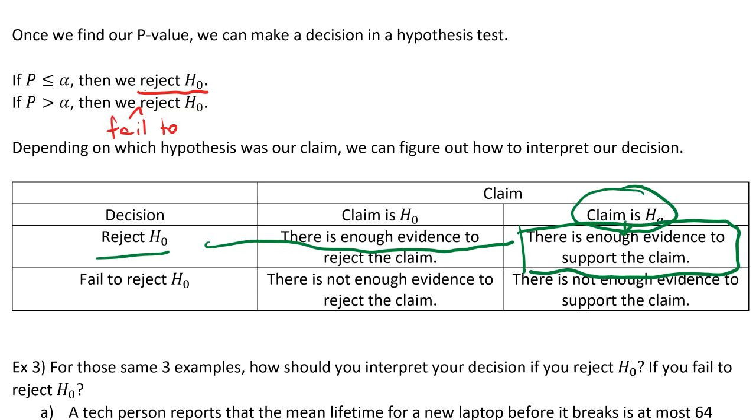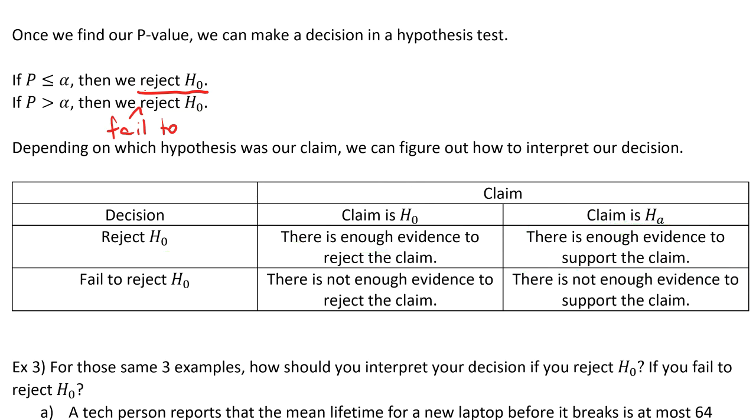Because if we've rejected the other claim, the null hypothesis, then since the alternative hypothesis is the opposite of that, we're supporting the claim. Just use this chart to figure out exactly what you should do with the claim.